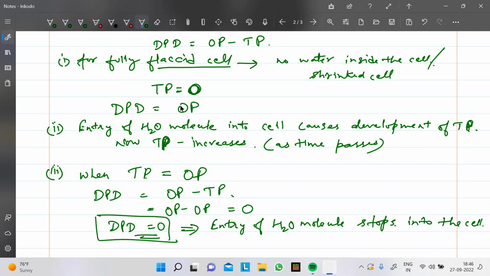Is it really so? Will it stop? Again, I am saying, it will not stop, it will come into equilibrium. As many water molecules go inside, the same number come out, and the net flow of water molecules is 0. Clear? So this is all about diffusion pressure deficit, how it works, and how it drags the water molecules towards the concentrated solution.